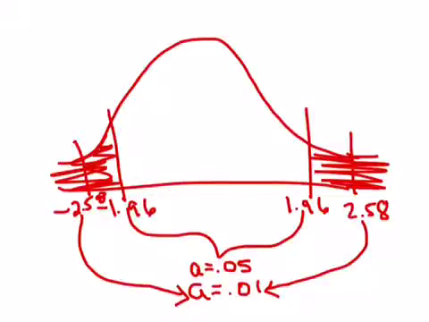But if you're using 0.01, which is less than 0.05, then you're limited to just this room, these edges out here, which shrinks it. So there's less proportion in the tails, making it more difficult to find significance. So you're going to have power with a less stringent alpha level, such as 0.05 rather than 0.01. So this gives you a visual of how power works, and hopefully that will help.